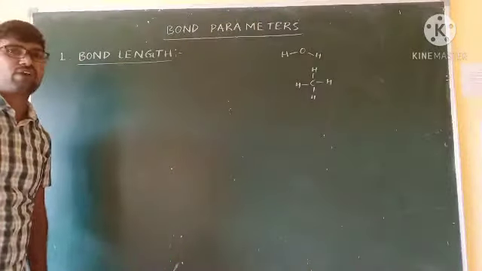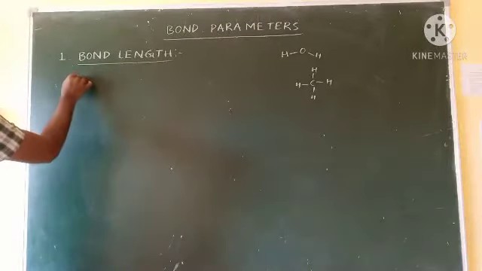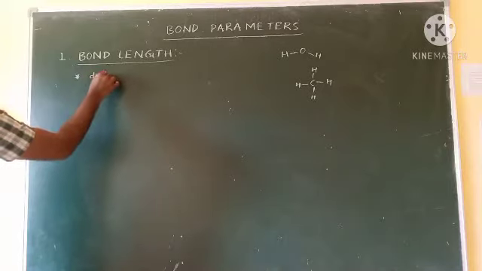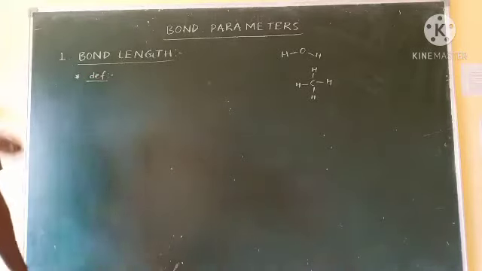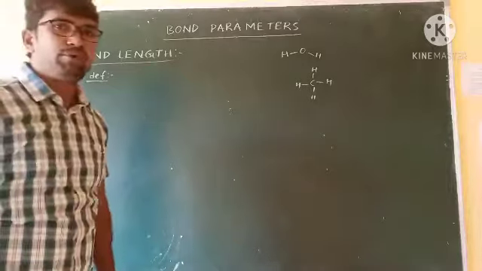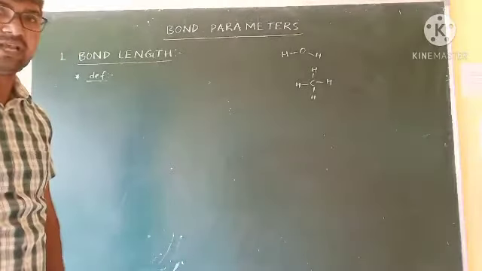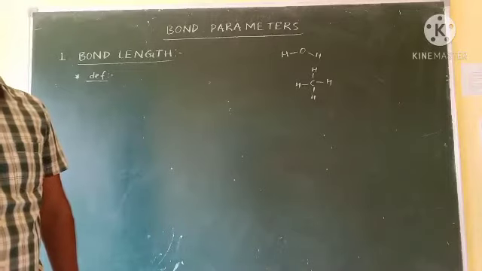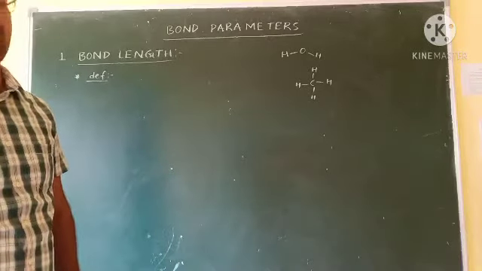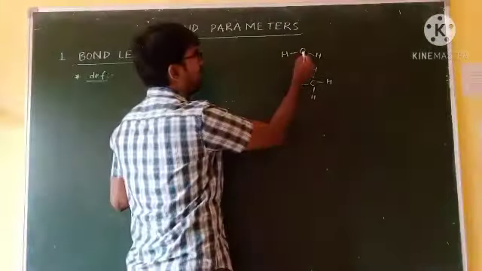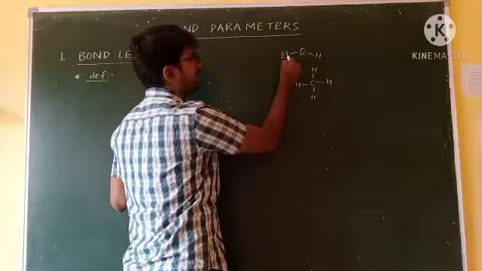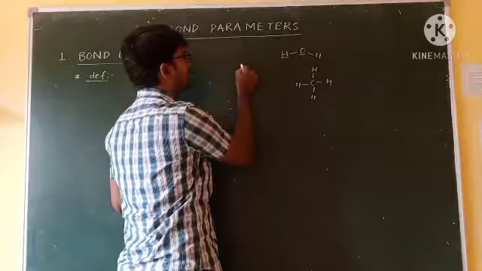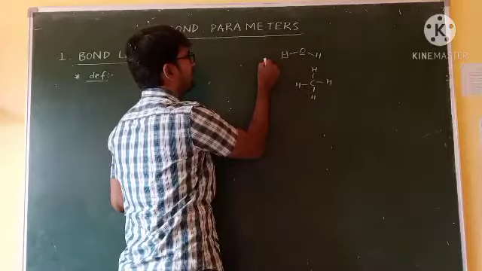Okay. First, all of you write the definition. First point, write the definition of bond length. The equilibrium distance between the nuclei of two bonded atoms. For example, this is one atom, this is another atom, so this hydrogen nucleus is present and this oxygen nucleus is present.